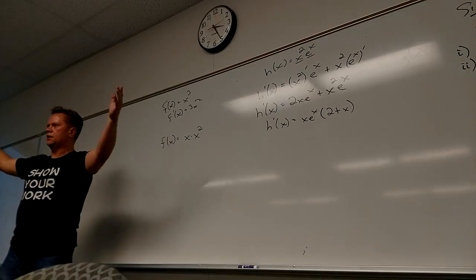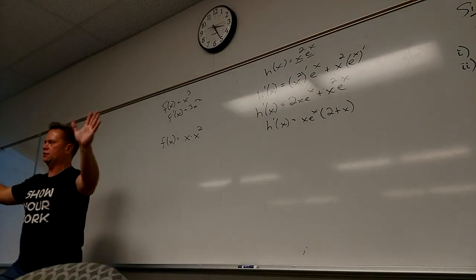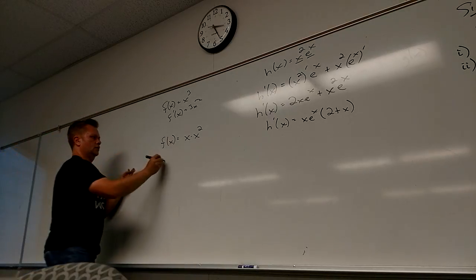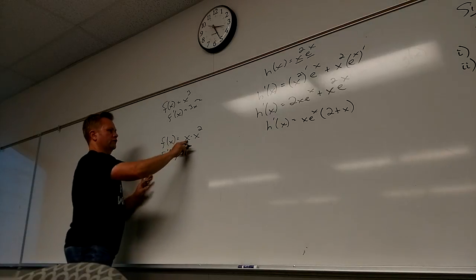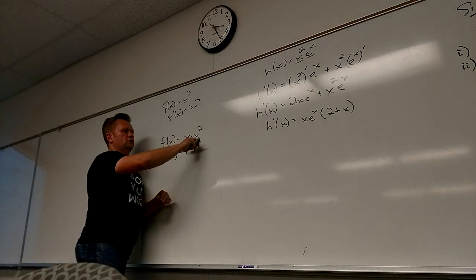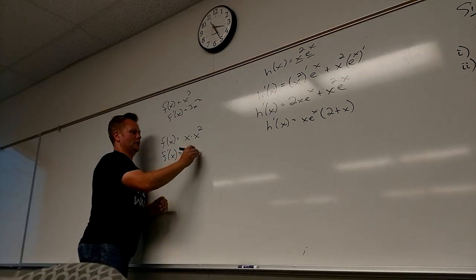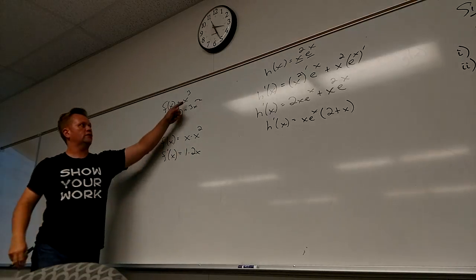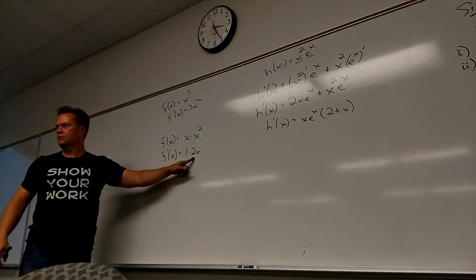That's the most common mistake, people just derive everything. So what would I get? What's the derivative of x? 1. What's the derivative of x squared? 2x. So I would somehow think the derivative of x cubed is 2x.